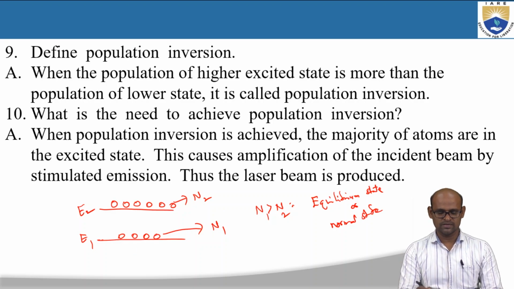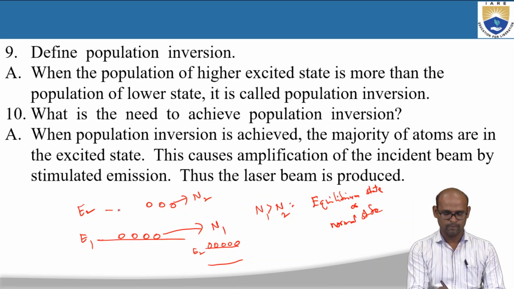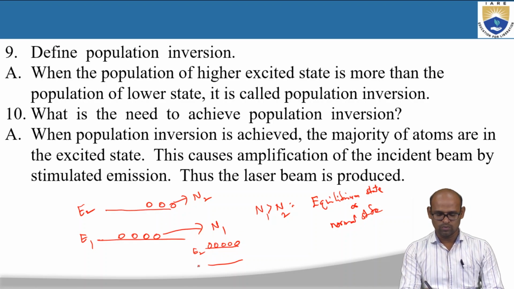Now there is another situation where the number of atoms in the higher energy level is more. Let me draw a few here. Now the number of atoms in E1 is less compared to the number of atoms in E2.